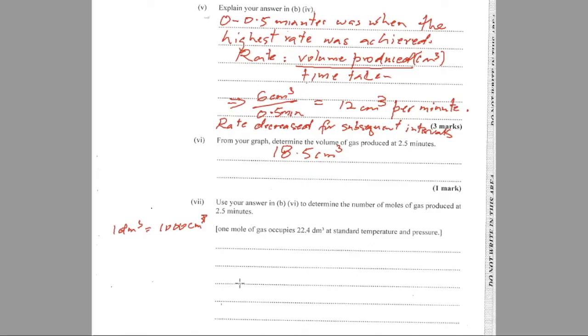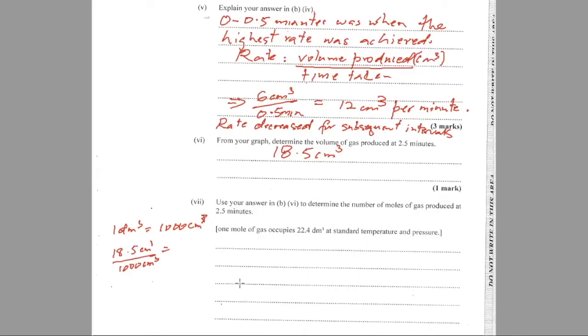So for the first mark, we're going to convert our 18.5 centimeters cube to dm cube. So we'll say 18.5 cm cube divided by 1000 cm cube, and that will give us our volume in dm cube.